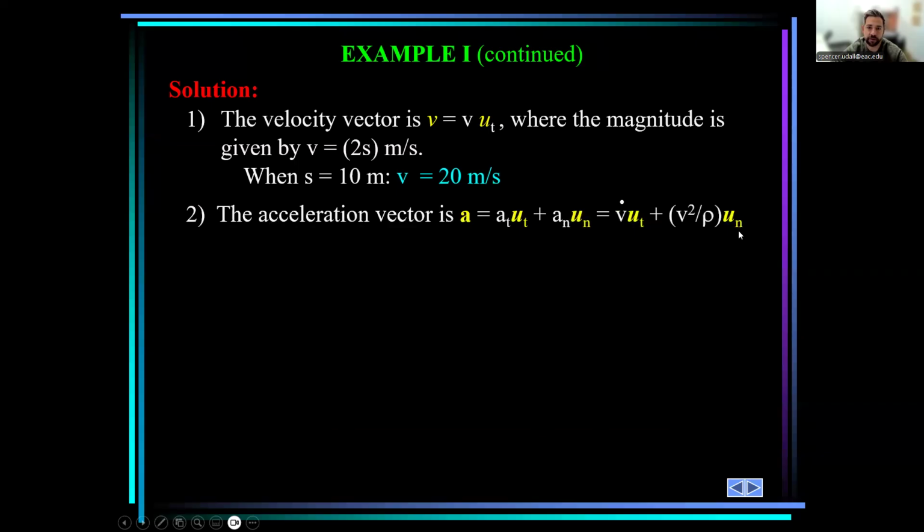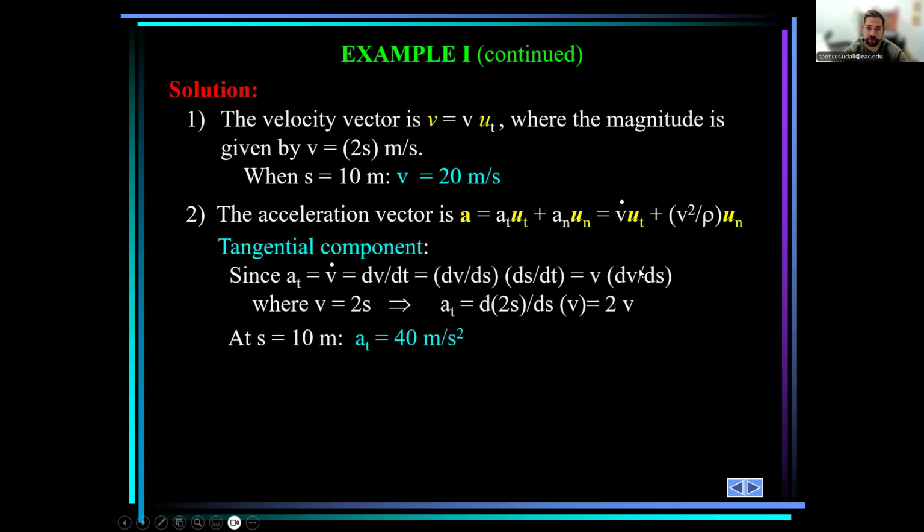The acceleration vector, we've got to take a derivative for the tangential component and v squared over rho for the normal component. So the tangential, dv/dt, well, if we do dv/dt, then we're going to end up with a chain rule.